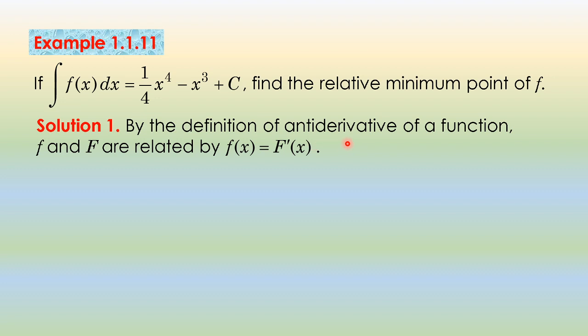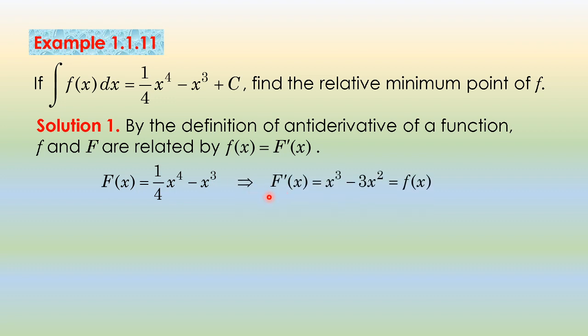By definition of antiderivative of a function, again, f and big F are related by this equation. Small f of x is equal to the derivative of this big F. In this relation, this is equal to the big F of x, 1/4 x to the fourth minus x cubed.